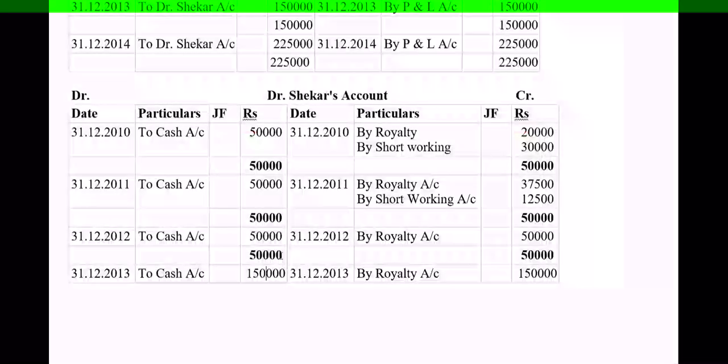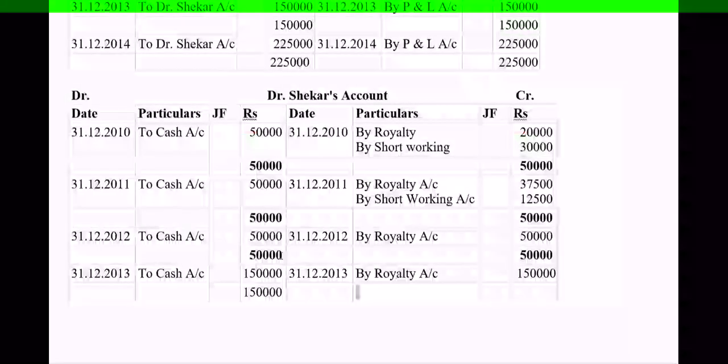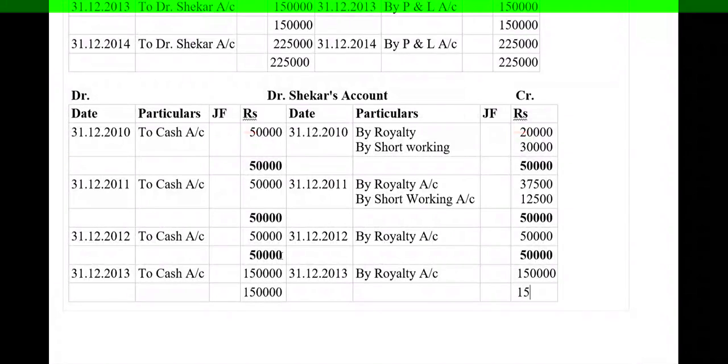So now let us do the totaling here. So 1,50,000. So now when the royalty is payable at the end of the fourth, that is on 31st/12/2014, then the entry will be royalty account debit.